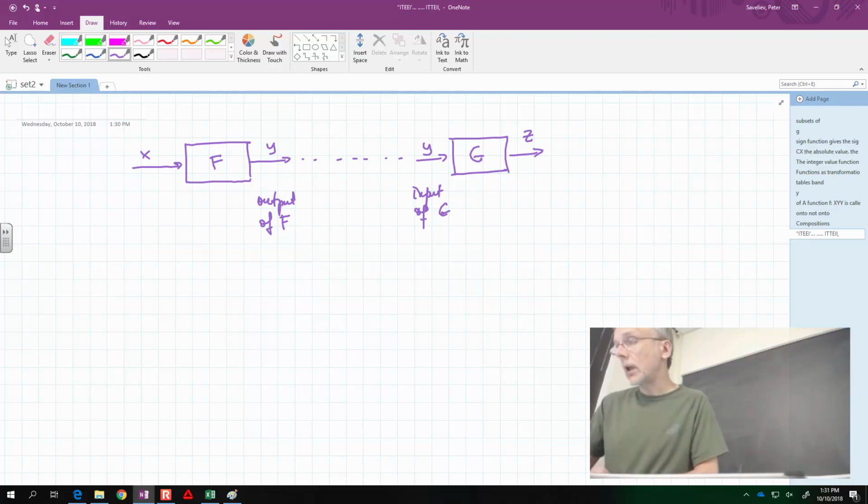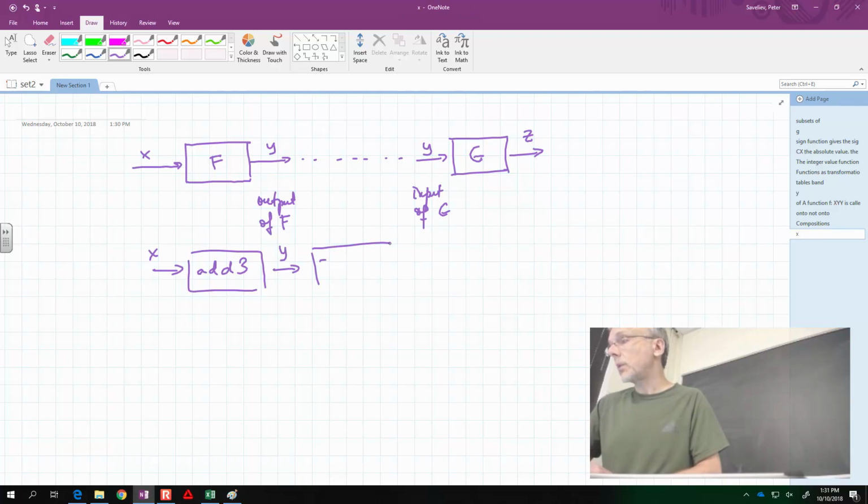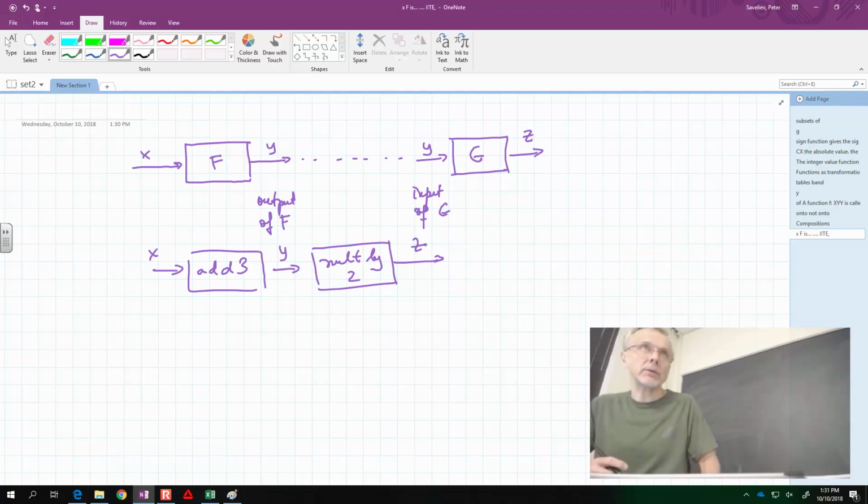Specifically, you can say add 3 is my operation, x to y, and then y comes into the second one, which may be multiply by 2. So, consecutive operations. There is no doubt that if you know how to carry out the first and how to carry out the second, then you combine them consecutively and you know how to carry out the whole thing.